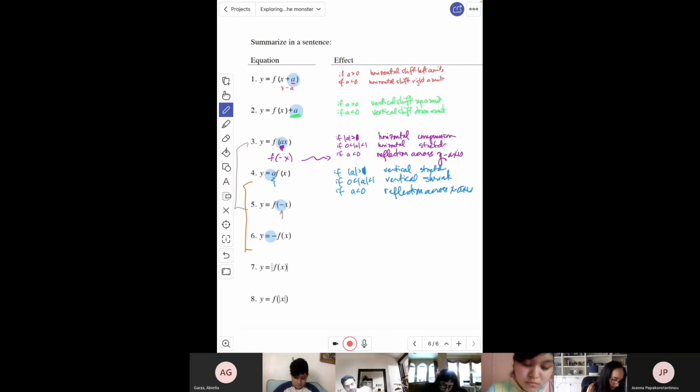So it's kind of a little redundant, right? Because we've already explained it. So what would this be? Based on what we said above in number 3. If I make my x negative, what's the transformation?